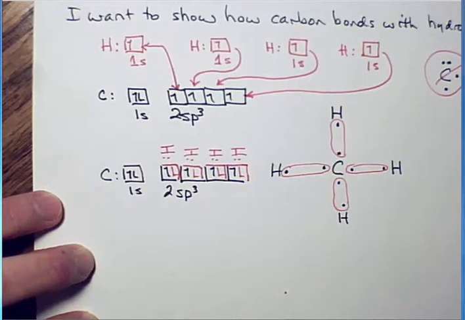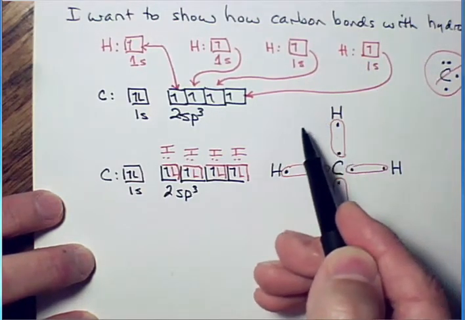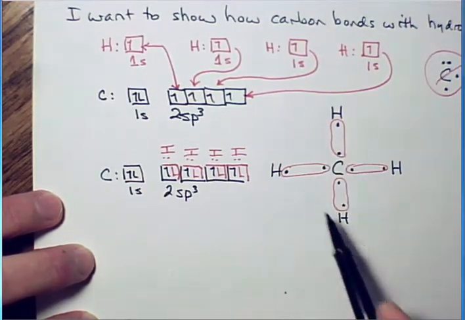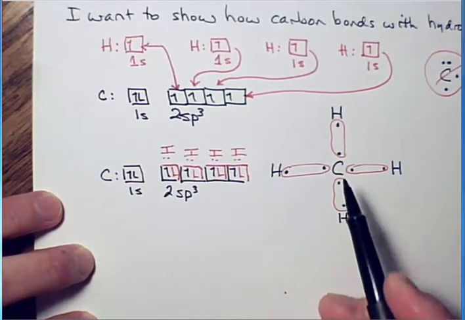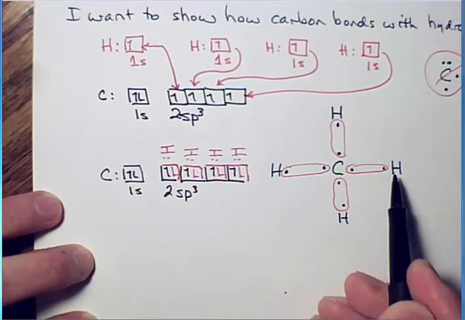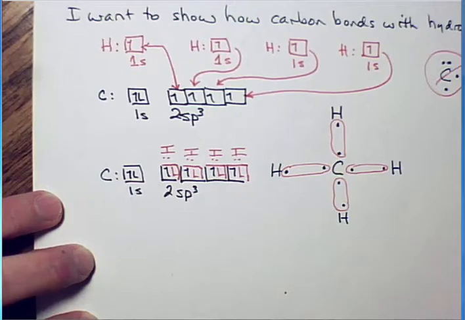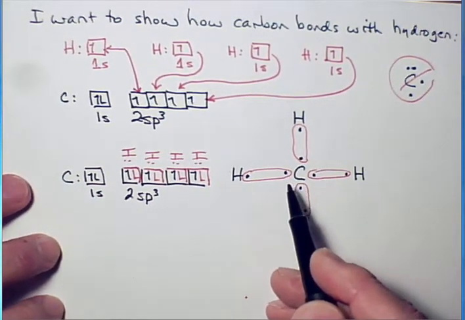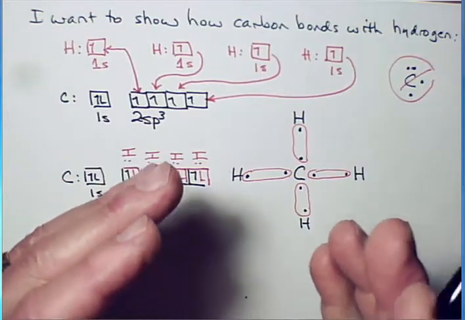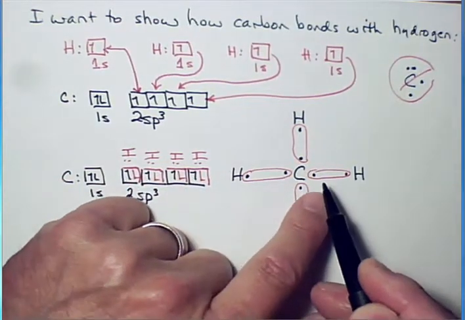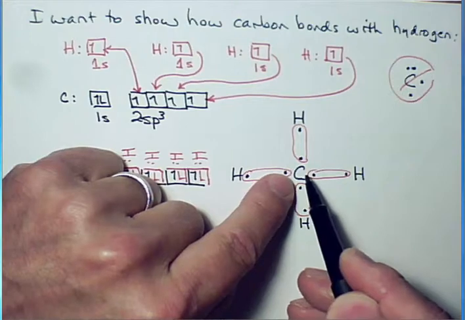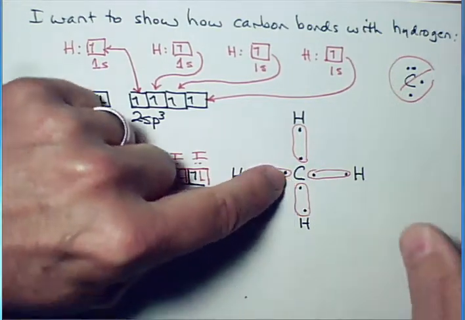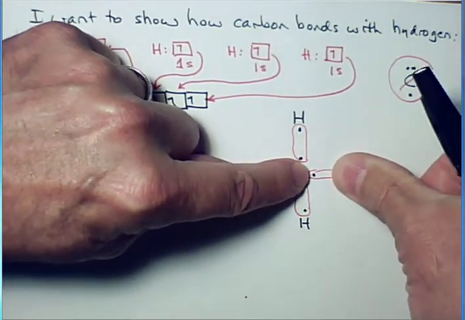Okay. Now this is just how we figure out how we can share electrons to give carbon all the valence electrons it wants and hydrogens all the valence electrons they want. So we're going to go from this to an arrangement that's a little more condensed. Okay? So what we're going to do is we're going to take this carbon atom and this hydrogen atom, and we're going to kind of squeeze them closer together.